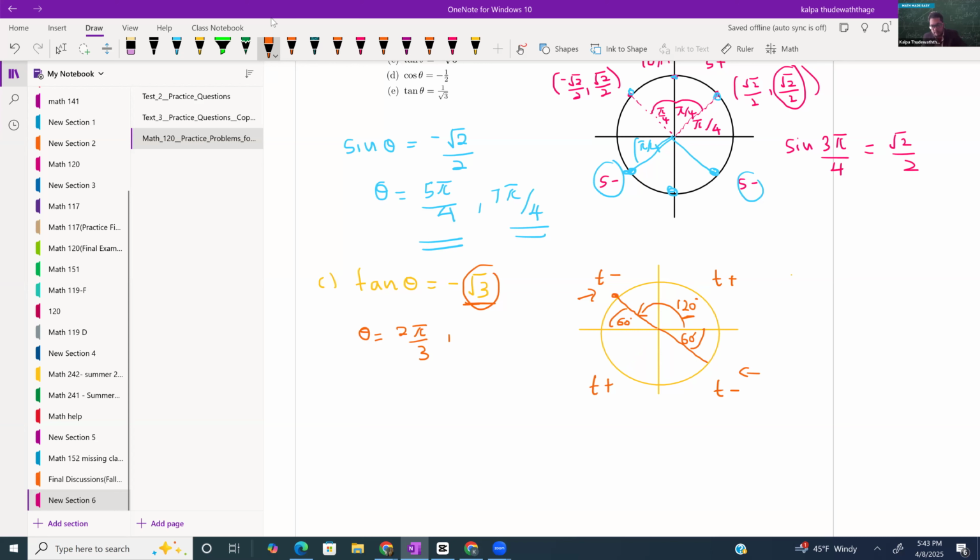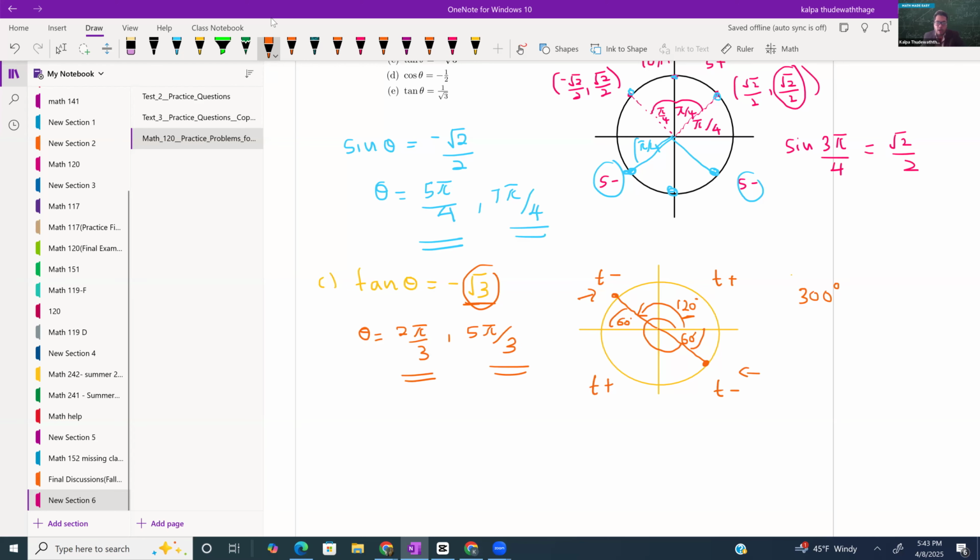But since this point is in the fourth quadrant, the angle is the entire angle, if you need 300. Tan 300 is negative root 3. So 300 is like 5 pi over 3.